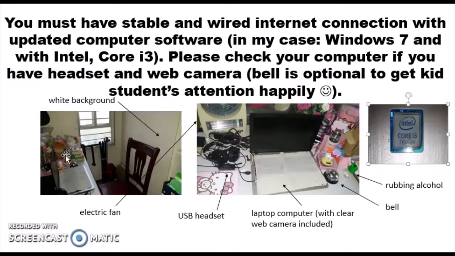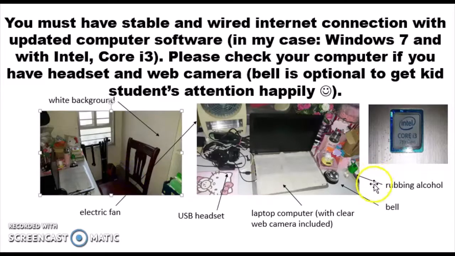And please check your computer if you have a headset and web camera. Well, a bell is optional to get the kids' and students' attention happily. In my case, I have my electric fan to keep me well ventilated. I have here with me my USB headset, my laptop computer with a clear web camera included, and like what I said earlier, a bell.